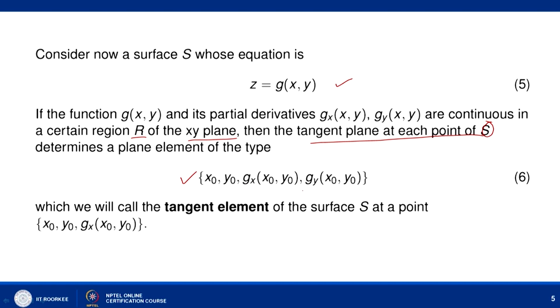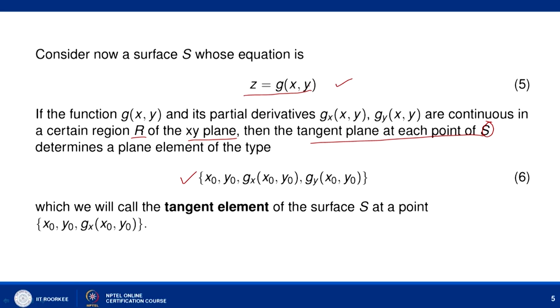So, at any point of the surface S, it determines a plane element like this. Now, this plane element we call the tangent element of the surface S at the point. So, you look at the surface and look at the plane element here at any given point, and we call this plane element the tangent element.